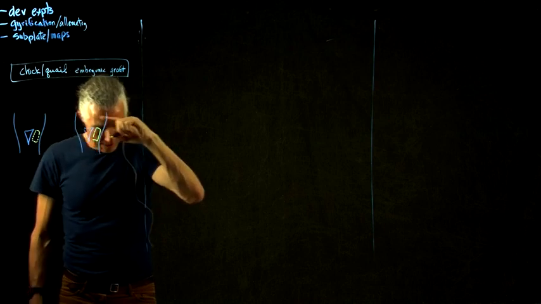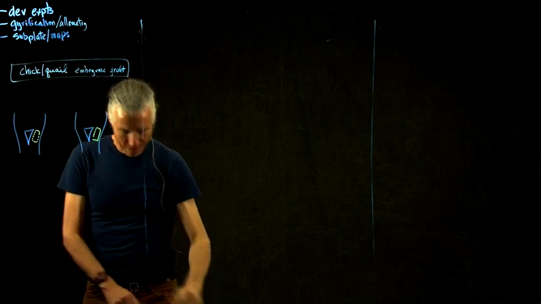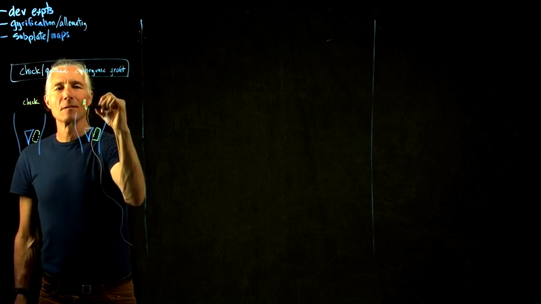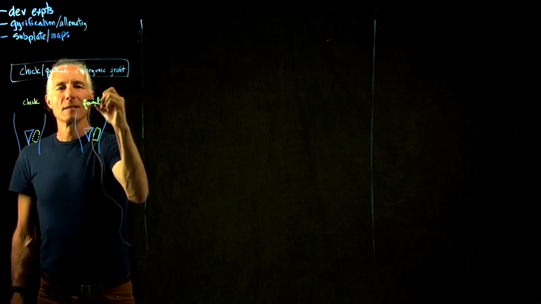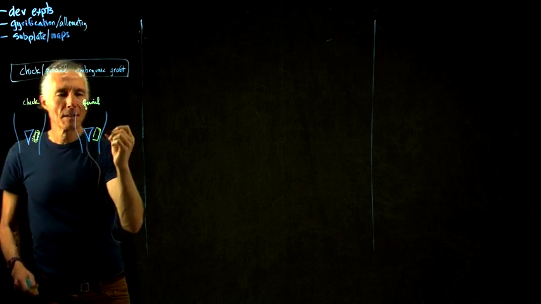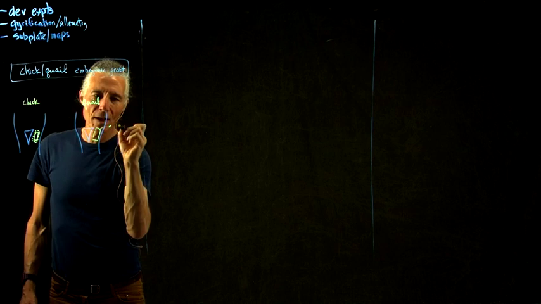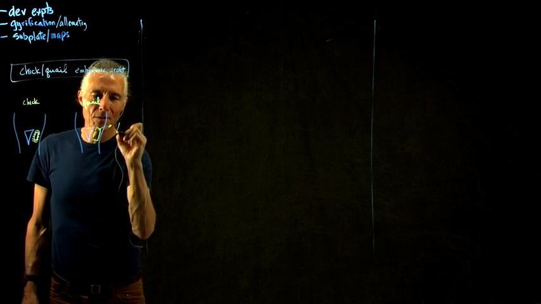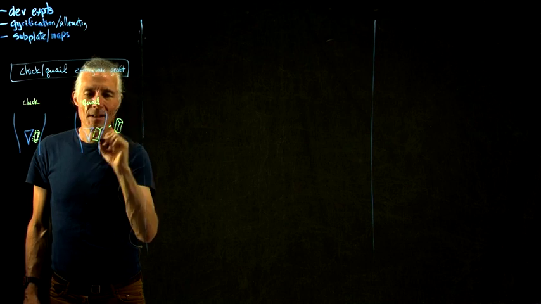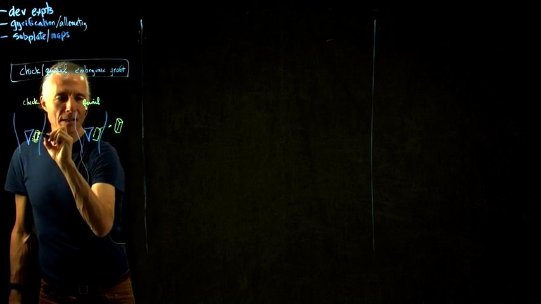So say this was a chick, and this was a quail egg. So basically you just take a little bit of this guy over here, make a hole, and throw that little piece out. So here's that little piece. We cut it out, and throw that out, and then take this piece and put it in there.